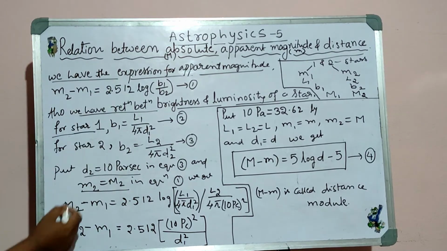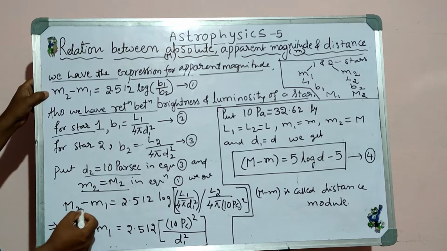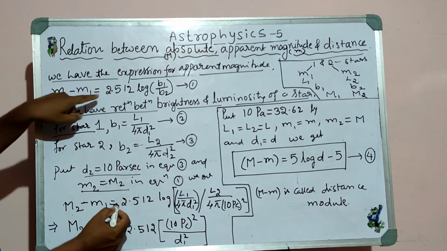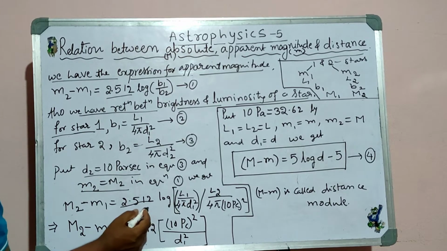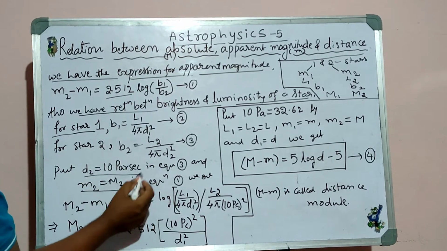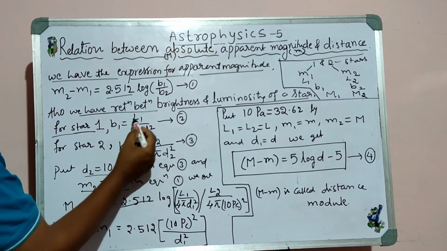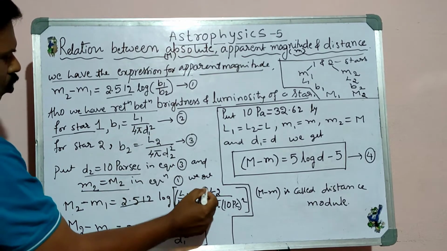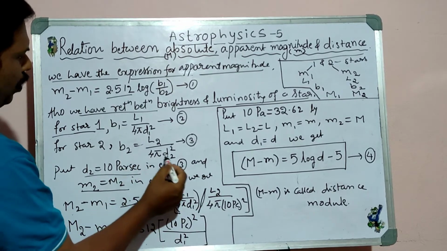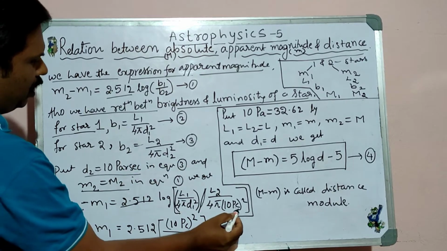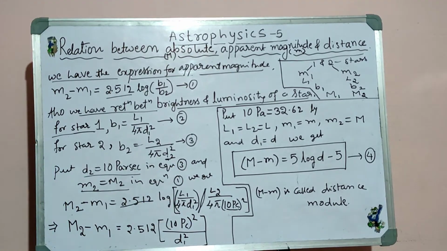Therefore equation 1 becomes M2 minus m1 is equal to 2.512 log B1 by B2. From equations 2 and 3, B1 is equal to L1 divided by 4 pi D1 square, and B2 is equal to L2 divided by 4 pi D2 square. In place of D2 square, put D2 equal to 10 parsec whole square.